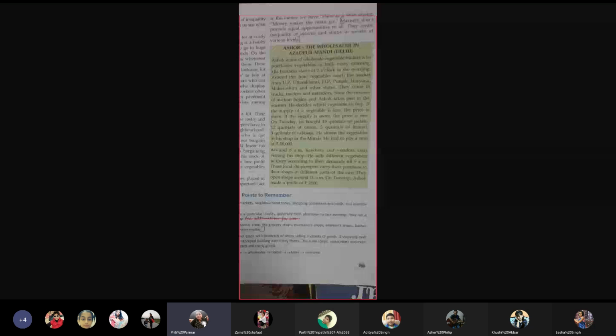That means he invested 50,000 and he got 52,500. Okay, so then from there, the shop vendors sell it to the common people door to door. The vendors come and we buy vegetables from them.